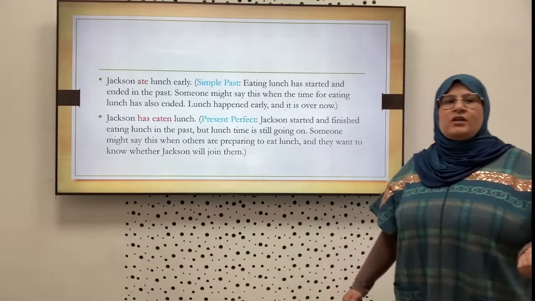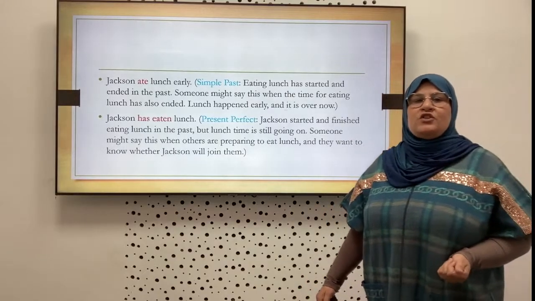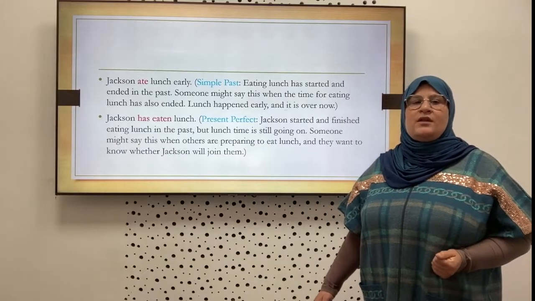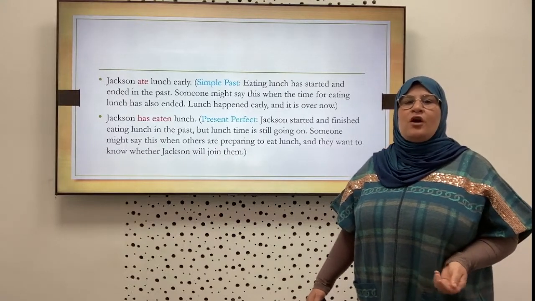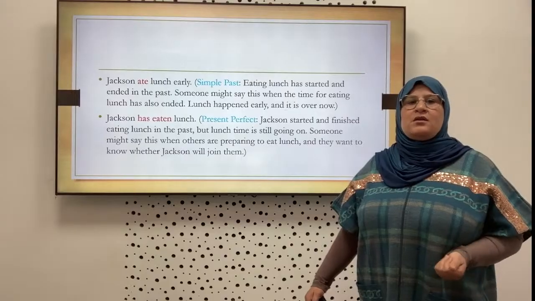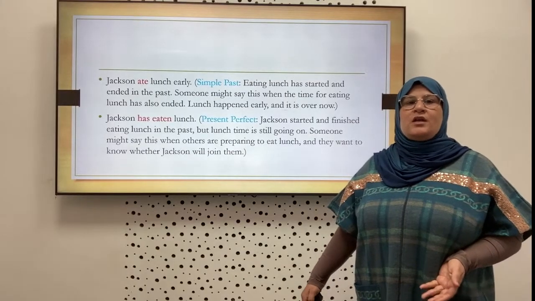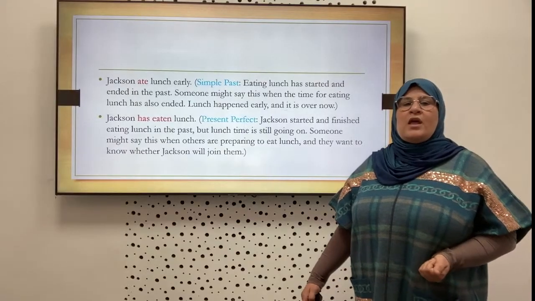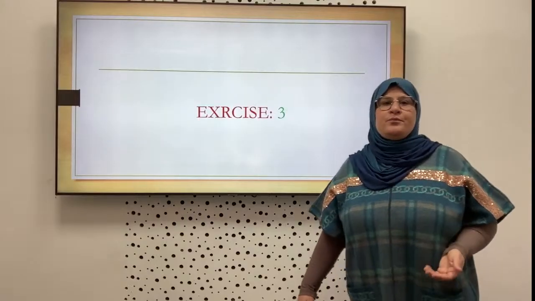But when we say Jackson has eaten lunch, we're using the present perfect simple. Jackson has started and finished eating lunch in the past, but lunch time is still going on. Someone may say this when others are preparing to eat lunch and they want to know whether Jackson will join them.